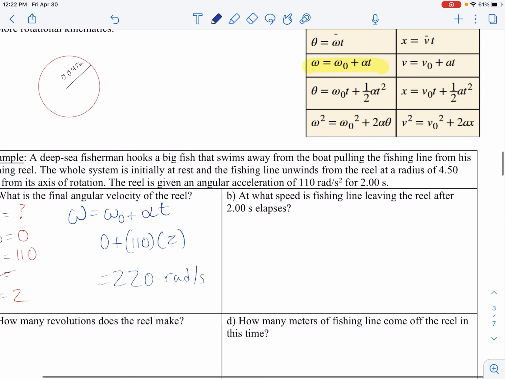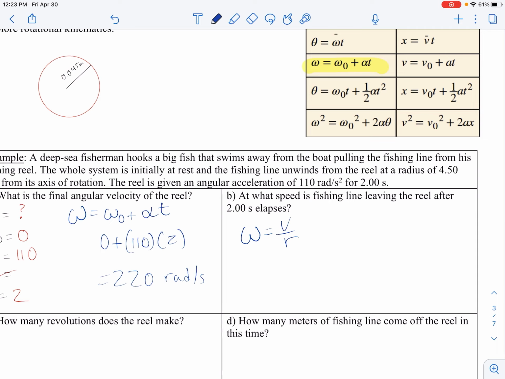Part B asks, at what speed is the fishing line leaving the reel after 2 seconds elapse? Think about when a line is leaving the reel, how is that occurring? It's occurring tangentially, so this is more linear motion. So we want to focus on the actual velocity itself. If you remember, one of the formulas we established is that the angular velocity is equal to velocity over radius.